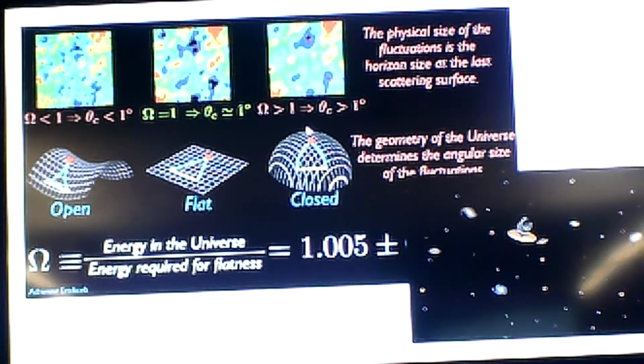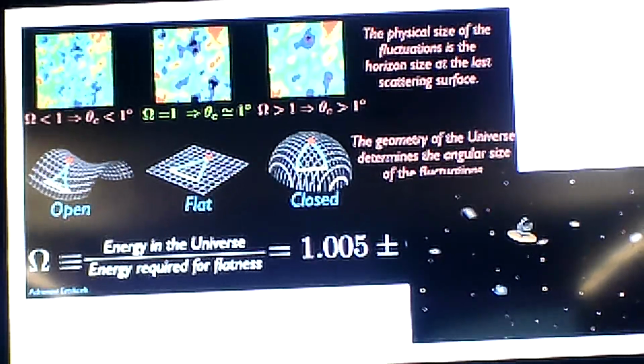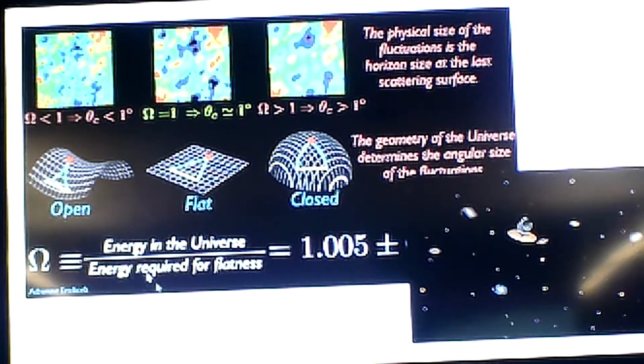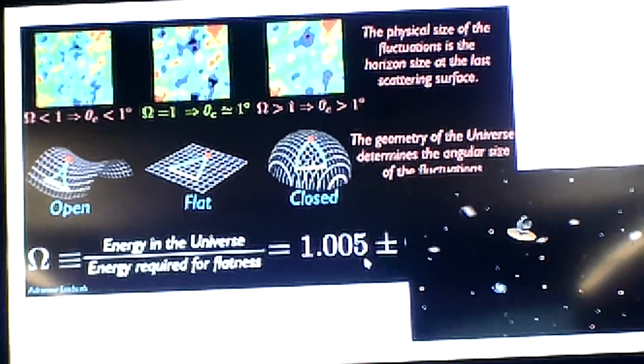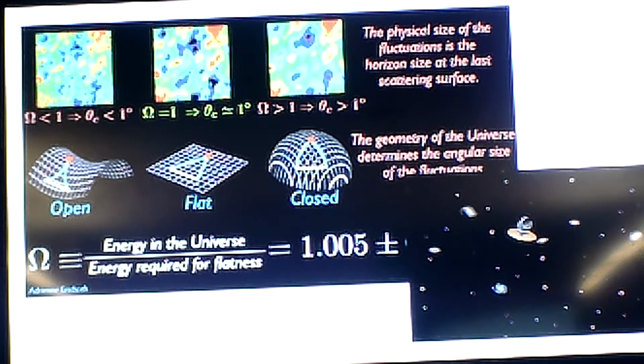So there's another unresolved issue. What is the geometry of our universe? Here's where we were. The number 1 represents flatness. Here's where we were 2 or 3 years ago. That the universe is flat to a tiny, tiny difference. That's now in question. We don't know why.